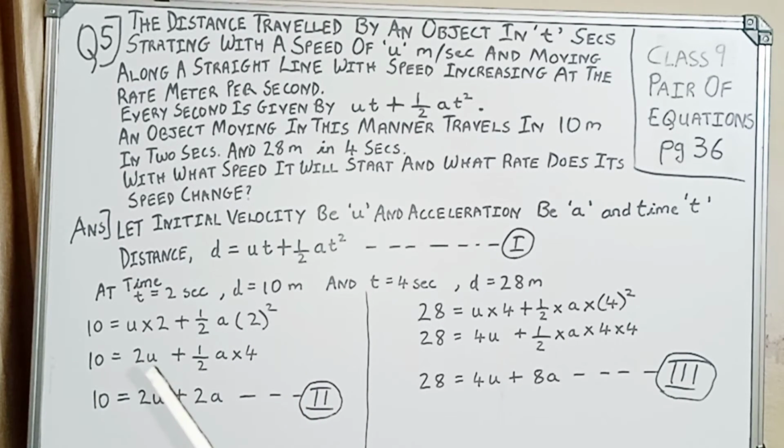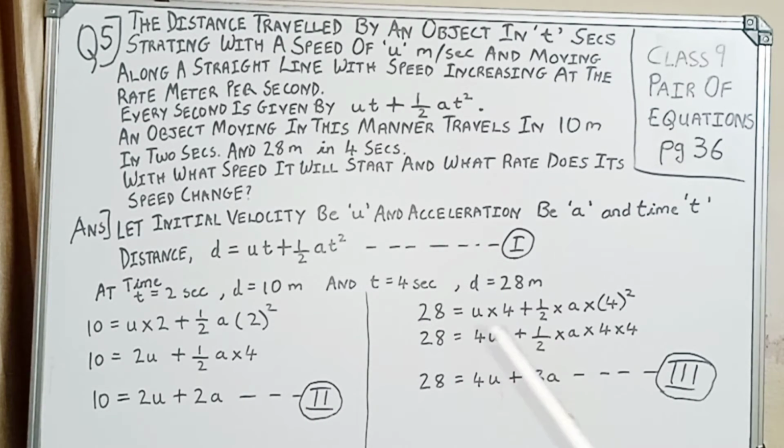So 10 is equal to 2u plus half a into 4, and this 4 and this 2 get cancelled because 2 2s are 4. So 1 2 is cancelled from the numerator and denominator, and you get 2a. In this way you get 10 is equal to 2u plus 2a. This is equation number 2.